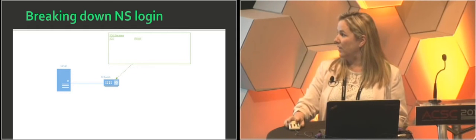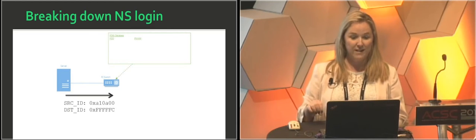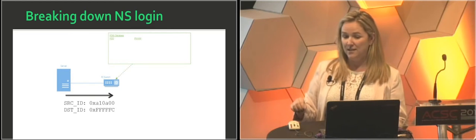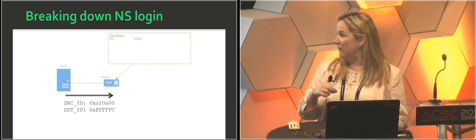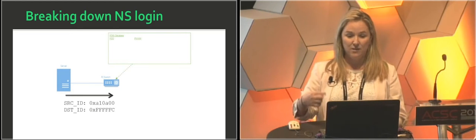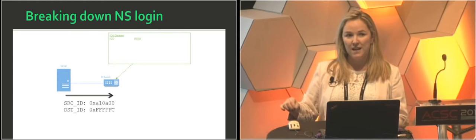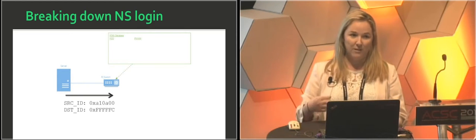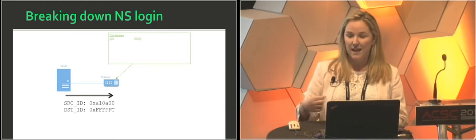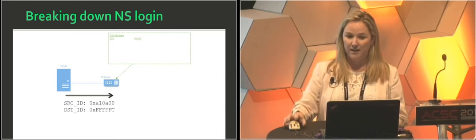The switch will reply back with a destination ID, the port ID it is allocating to that HBA, from FFFFFE. Then the server will go to another well-known broadcast port ID, which is FFFFFC, with its source ID being the port ID it just received.